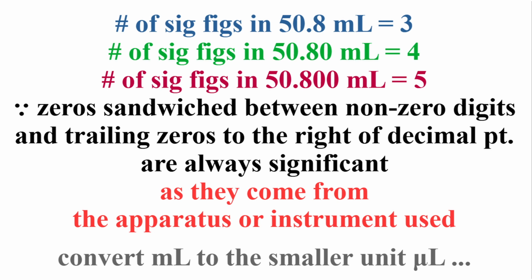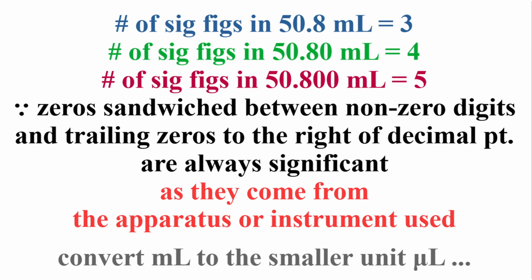The numbers of sigfigs in these numbers are 3, 4, and 5 respectively, since any zeros sandwiched between two non-zero digits and the trailing zeros to the right of the decimal point are always significant as they come from the apparatus or instrument used.